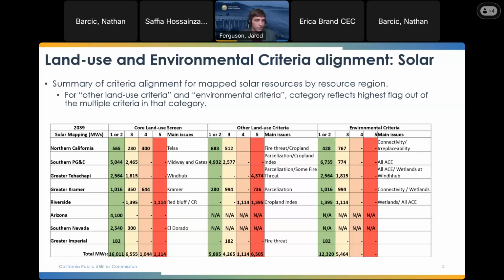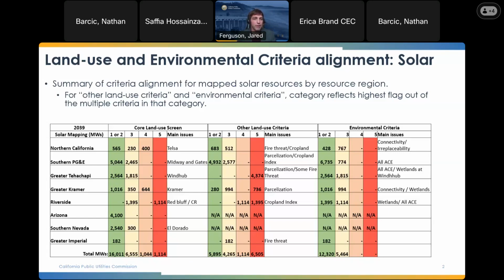So what this chart and some subsequent charts will show are resolved resource areas. We have Northern California on down to the greater Imperial, where we have mapped solar, wind, and geothermal resources. And this is looking at that substation by substation analysis and trying to amalgamate it.